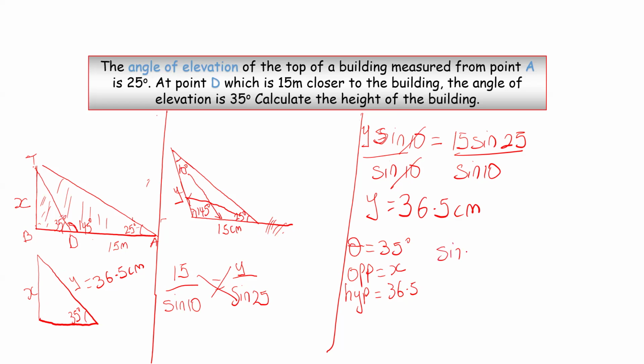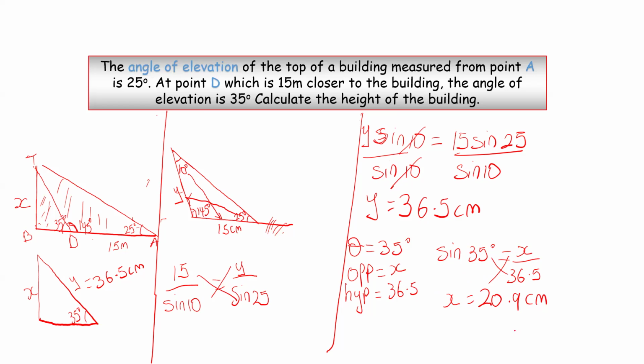So sine 35 degrees equals opposite over hypotenuse. So when I cross multiply, I have it that x equal to 36.5 times sine 35, which is 20.9 centimeter.